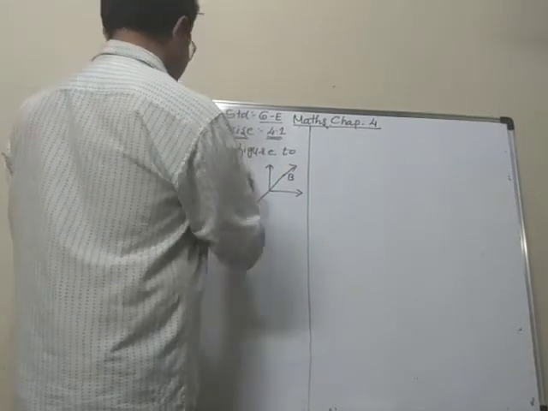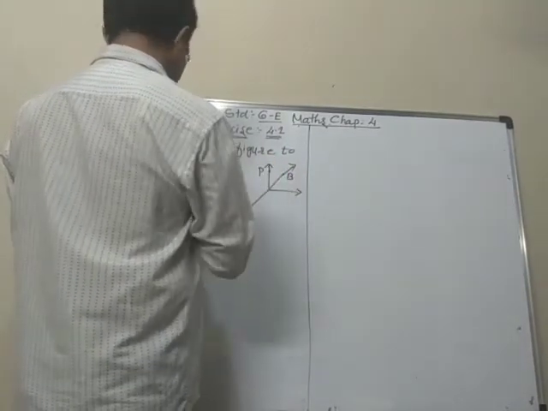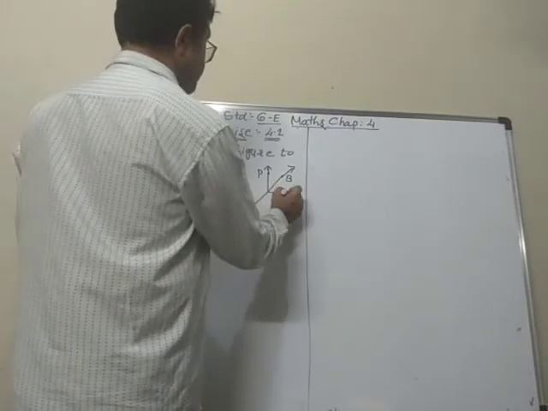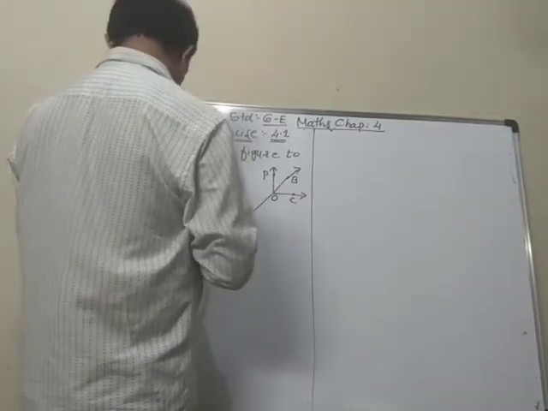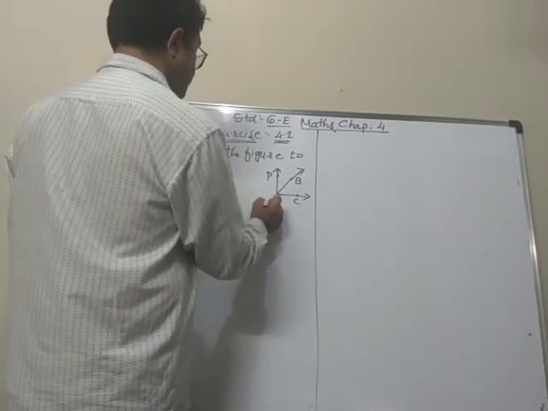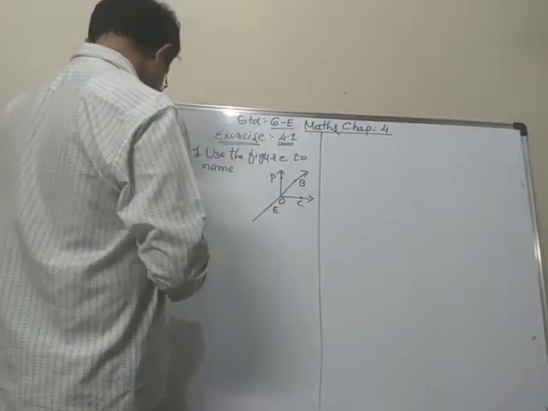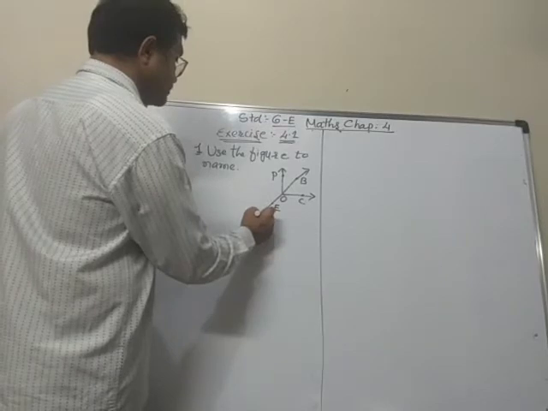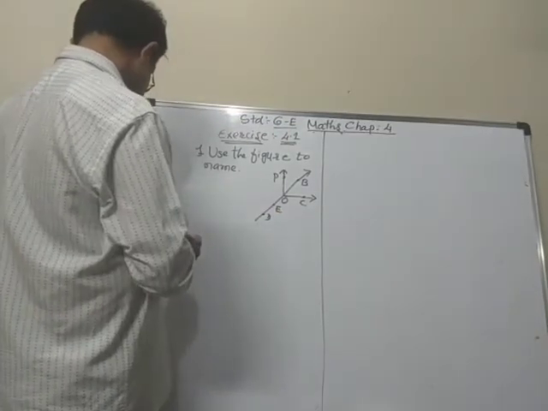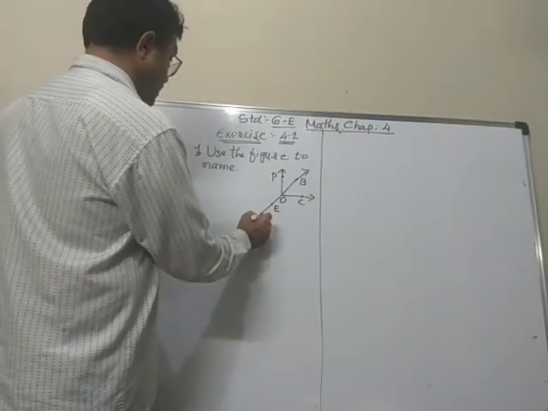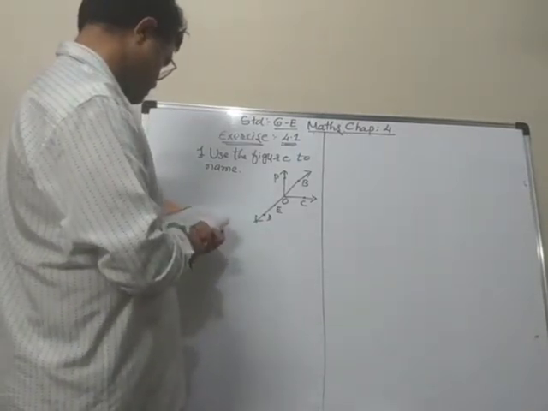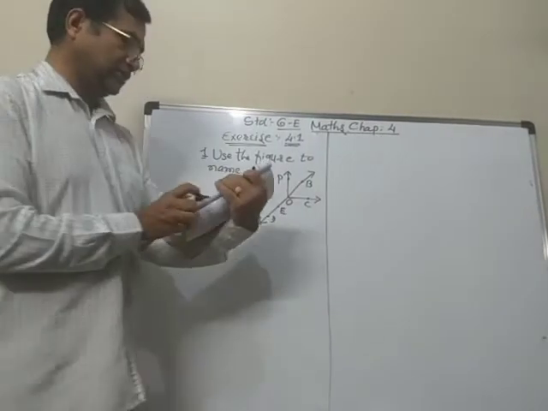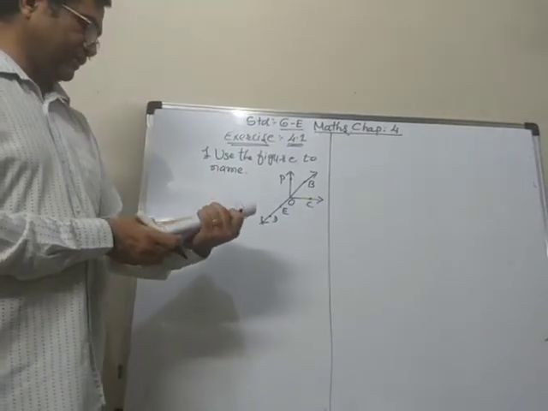Point B is here, point P is here, C is here, O is there, point E is there, point D is there. Okay, that is the only thing given.